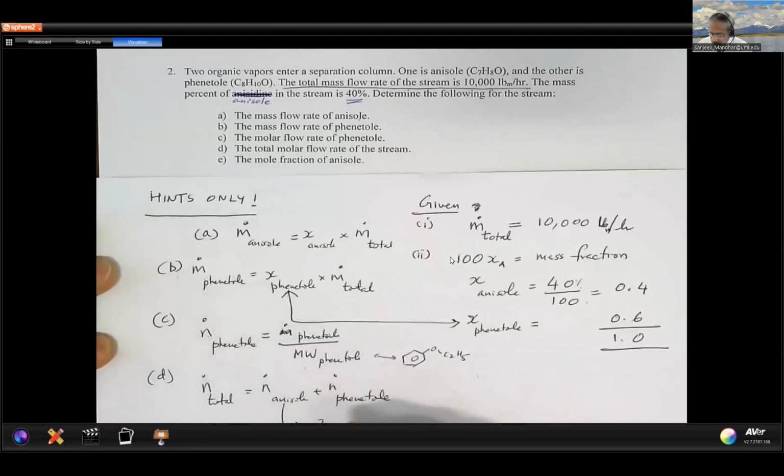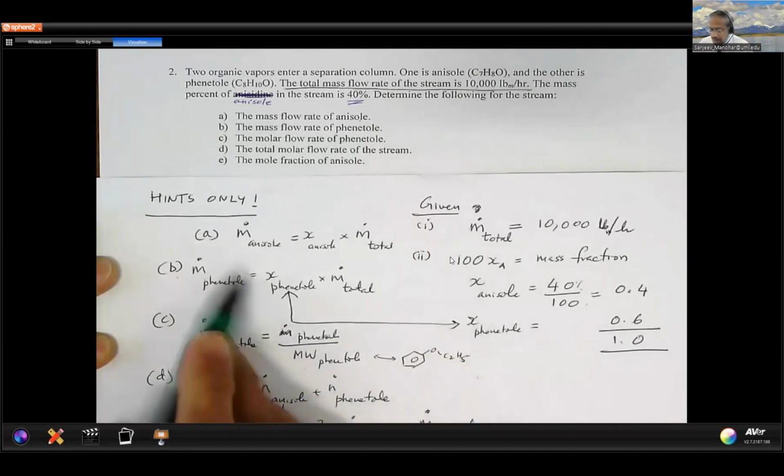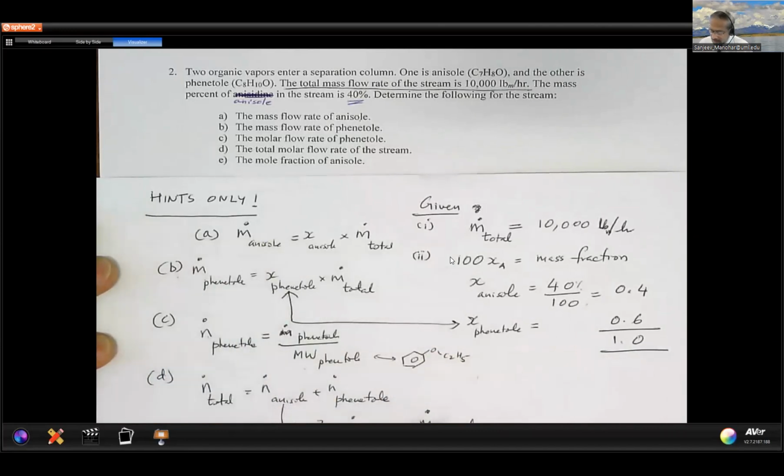Exactly the same thing, right? Molar flow rate of anisole equals mass flow rate of anisole divided by molecular weight. You have the mass flow rate in A, right? You got that here. And molecular weight can be calculated by the formula of anisole.